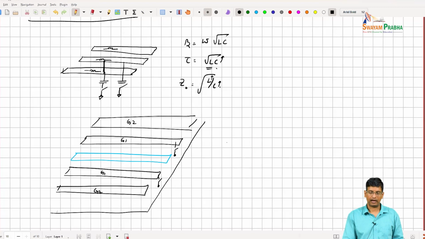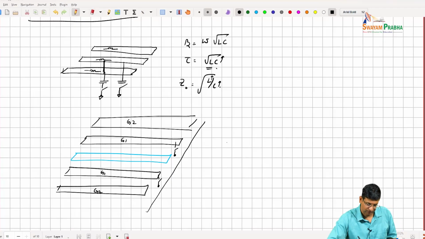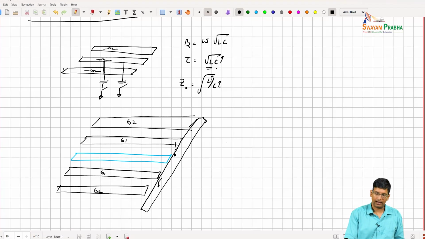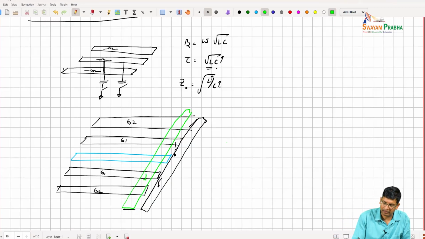So I have switches that short this line, and this ground itself, I shouldn't draw it as a continuous line. This ground itself has strips over here. So if I have another strip over here like so, let's draw the strips below in green. And then I'm having switches that connect from this line down to this strip as well.